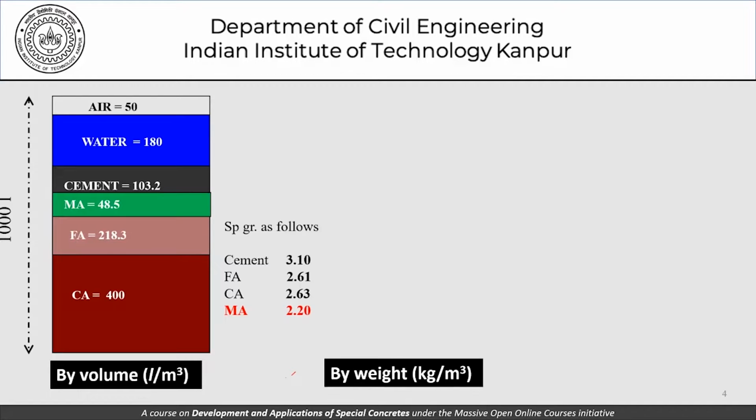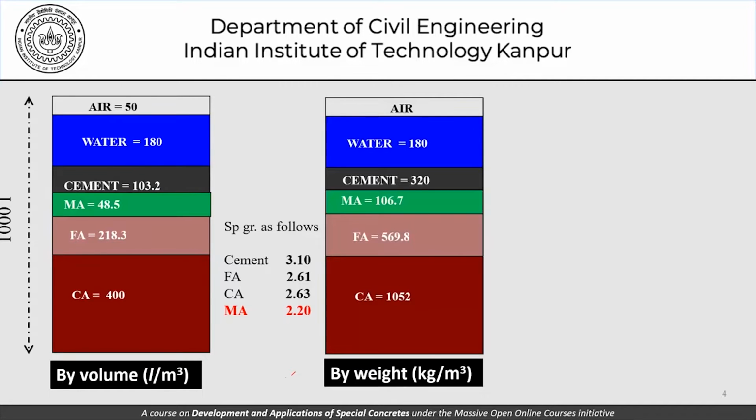By weight, this proportion translates to what is given here. Let me recollect what we did very simply to get these numbers. We said that we will have a workability versus water content relation known to us. And for a given workability, we first get the water content.